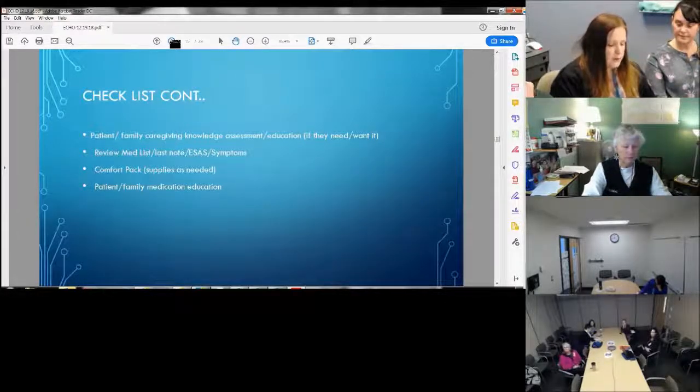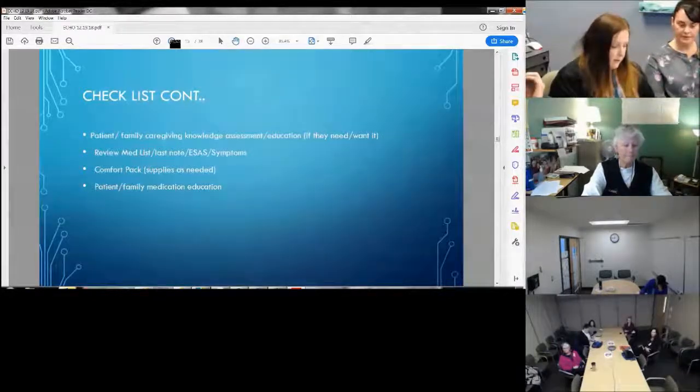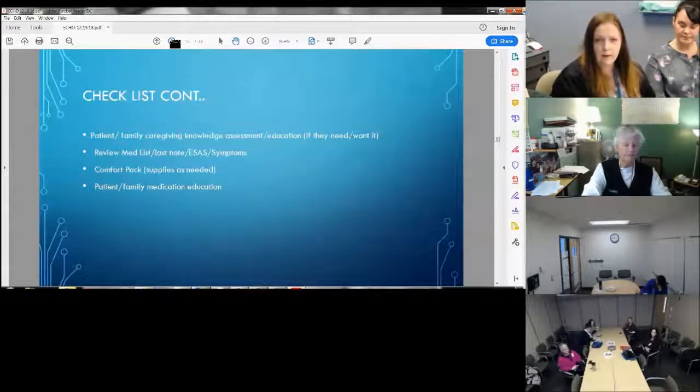So we want to make sure they're aware of things they need to be looking for, any sort of assessment, and any education we need to provide to the family regarding the care of their loved one. We want to go over the medication list with the family and the patient, as well as with the village and the region.